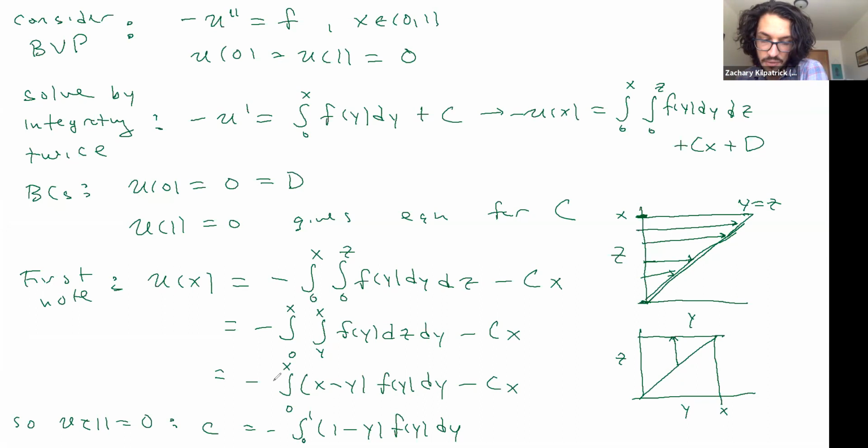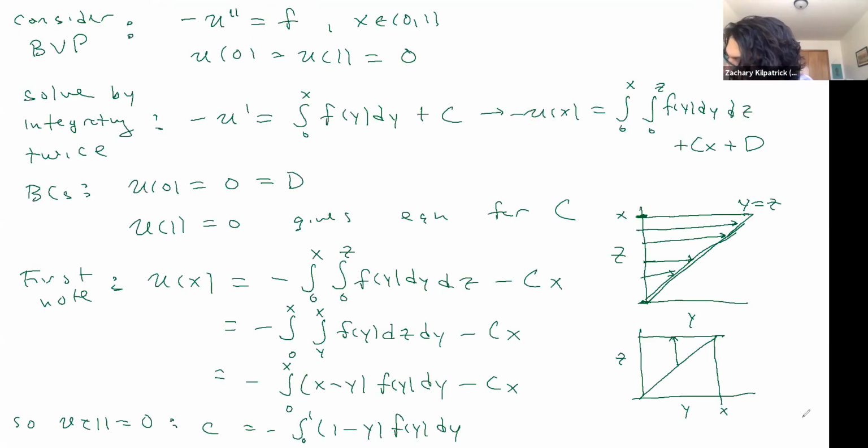So it's going to take just a few steps. The next step then is that I have u of x equal to the integral from 0 to x of (y minus x) f of y dy. And then remember I had my c of x here. What was my c here?